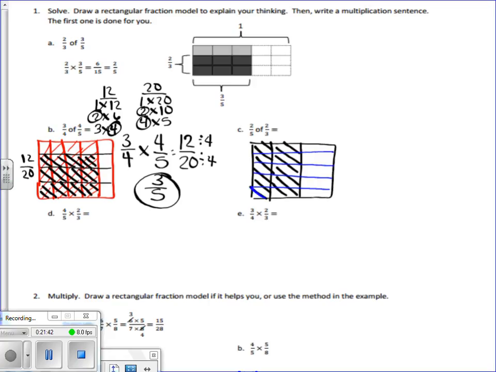Shade in 2 of them. Oops. 1, 2. Then 1, 2, 3, 4, 5, 6, 7, 8, 9, 10, 11, 12, 13, 14, 15 total pieces.